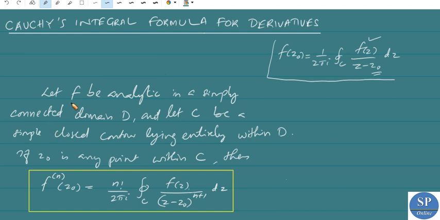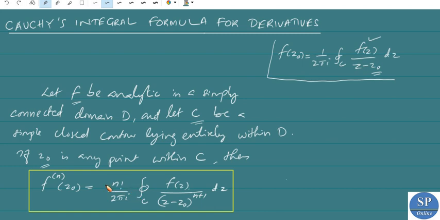It states that let f be analytic in a simply connected domain D, and let C be a simple closed contour lying entirely within D. If z0 is any point within C, then the nth derivative of f at the point z0 is equal to n factorial divided by 2 pi i times the integral over C of f of z divided by z minus z0 to the power n plus 1 dz. Okay.